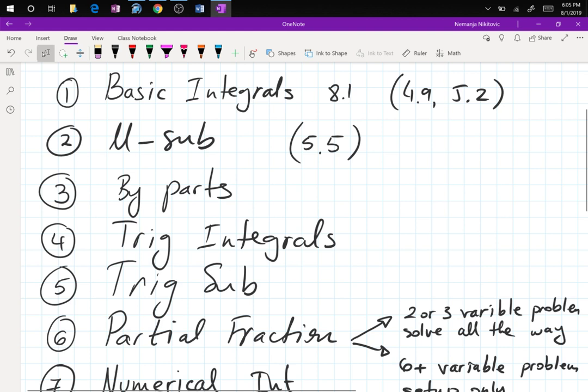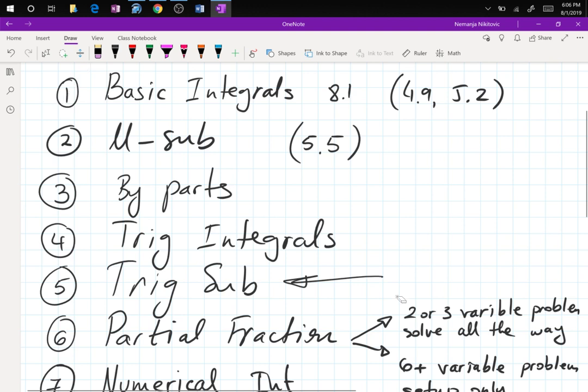Trig sub obviously always ends up with the trig integrals, and trig integrals most of the time end up with the u sub, and each u sub ends up with a basic integral, right? So technically, anytime there is a trig sub problem, it triggers 1, 2, 3, 4. That's usually how it goes.